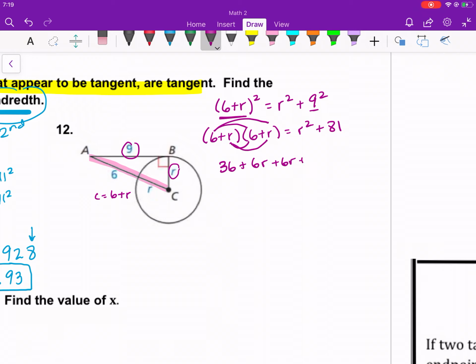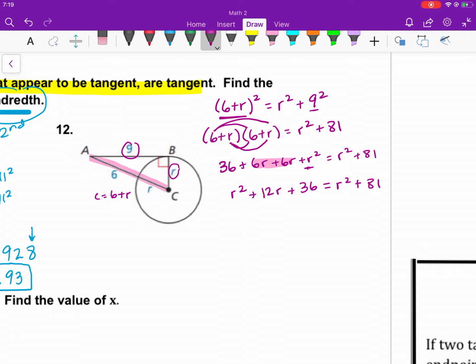And r times r is r squared. And that equals r squared plus 81 still. So let's go ahead and combine like terms on this side, but then also let's rewrite it in standard form. So the r squared should come first. So I've got r squared plus 12r, 6 plus 6 is 12, plus 36 equals r squared plus 81.